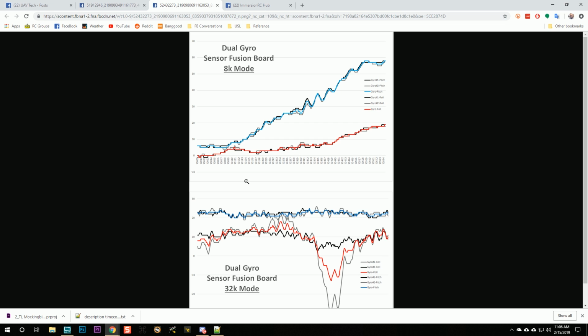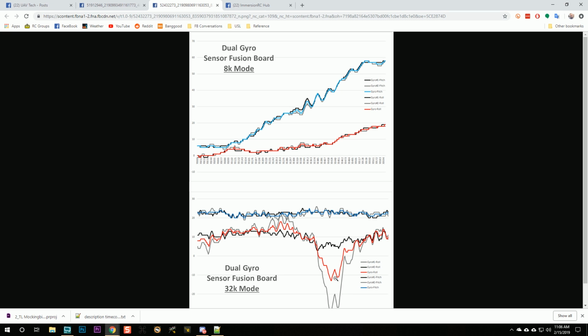And what we actually see is that when run in 32K mode, sometimes, and this is on the roll axis here, as we saw before, the roll axis was having problems in the last one, sometimes the two gyros dramatically diverge. Right here, where the one gyro is measuring whatever, negative 10 degrees per second, and the one gyro is measuring negative 30 degrees per second, that's a problem.